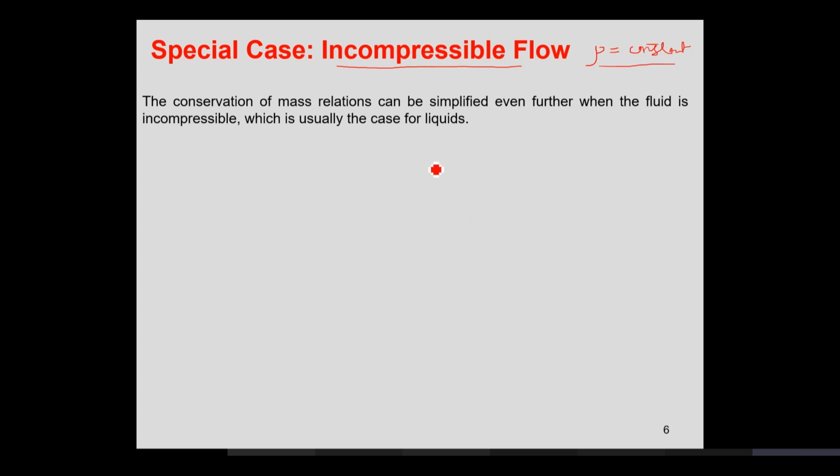Incompressible flow is a flow where your density is essentially constant. Incompressible substances are those where density remains constant and does not change with the process. This is specifically directed to the case of liquids. Liquids are normally incompressible. Their density does not change with the process.